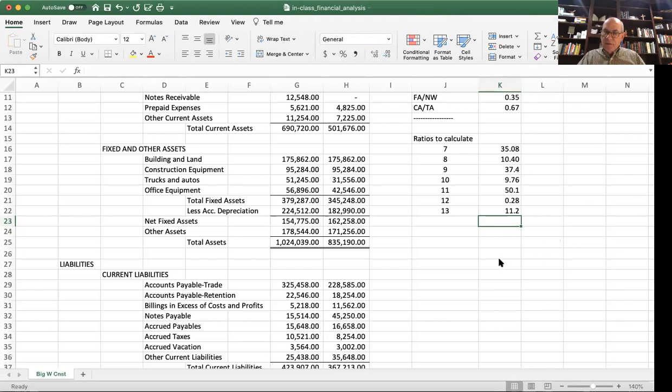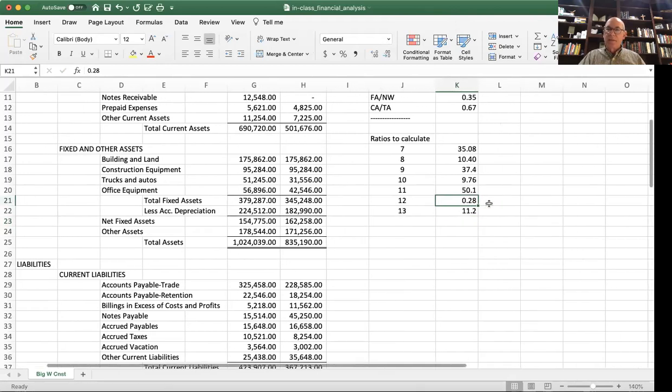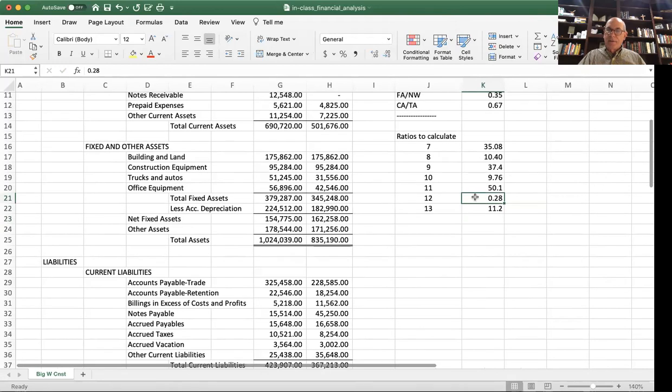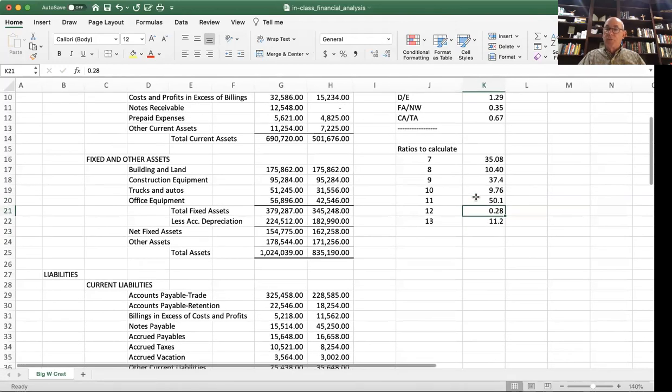Okay, so in the book it said 0.25 for number 12. That could be. I checked the book. I don't have that right in front of me, so I don't know if I wrote that number down wrong or not.